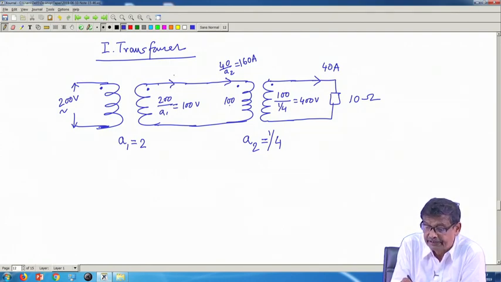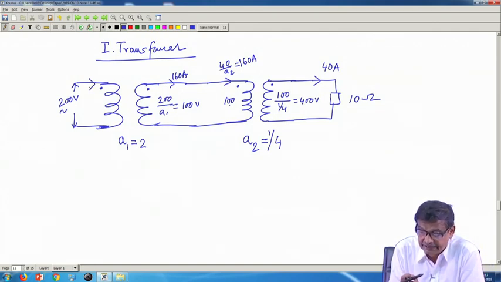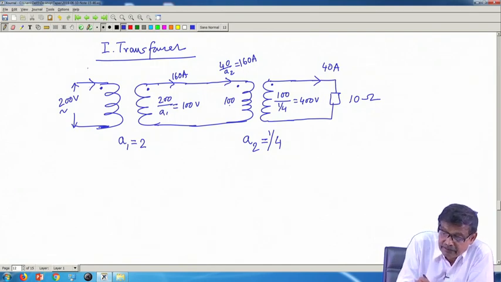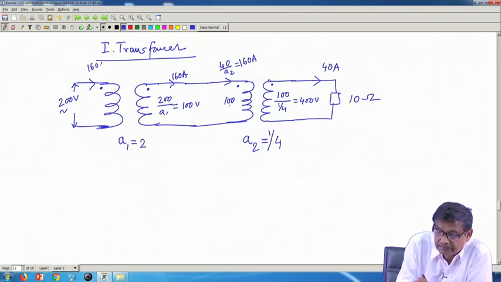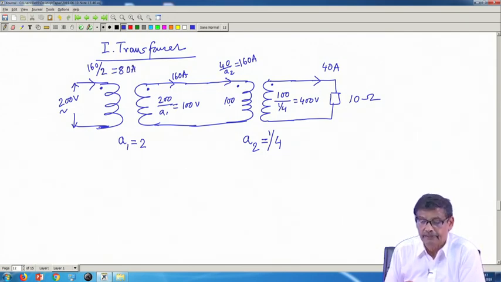If it is 160 ampere, what will be the current in this secondary? It will be 160 by A1, that is 2, which is equal to 80 ampere. Got the point?